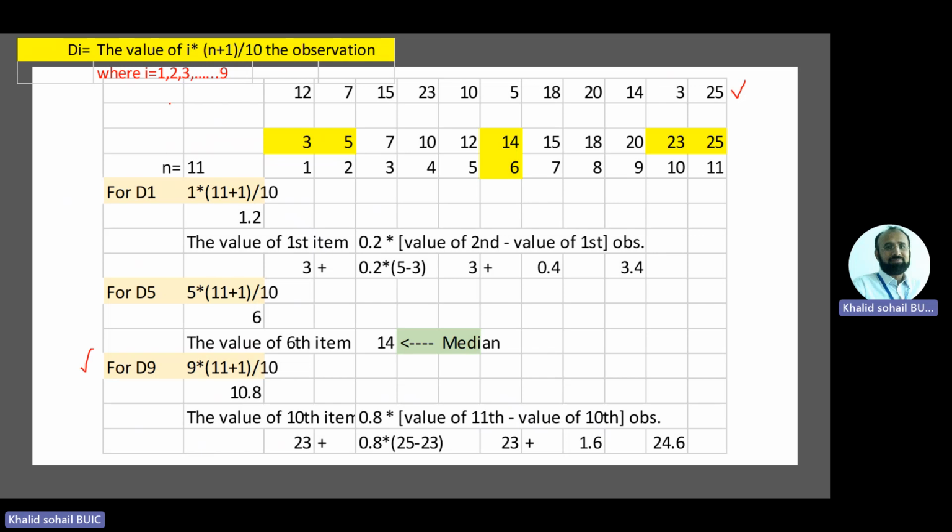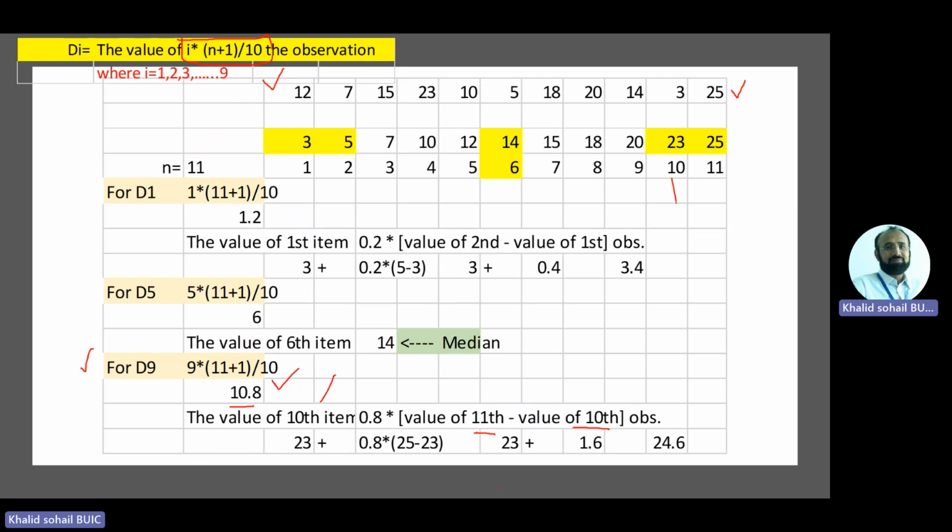Now, for the 90th decile, in this formula, we put i equal to 9 and calculate i times (n plus 1) by 10, and we are getting 10.8. Again, the 10th position, and 0.8 is multiplied by the 11th minus 10th observation that we have already done in our quartile calculation. So here, the 10th position, I am highlighting this one.